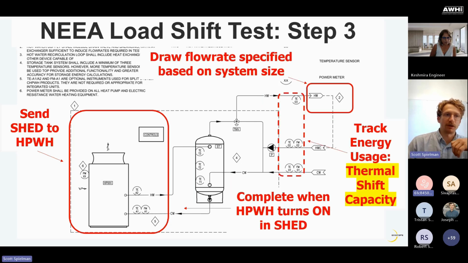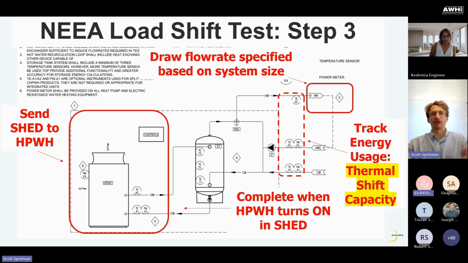Step 3 is you send a shed signal to the heat pump water heating system. You induce a draw on the system based on the size of the system, which we have a table for in the test, and you track the energy that is released from the storage system into the building. The test is complete when the heat pump water heater turns back on in shed.